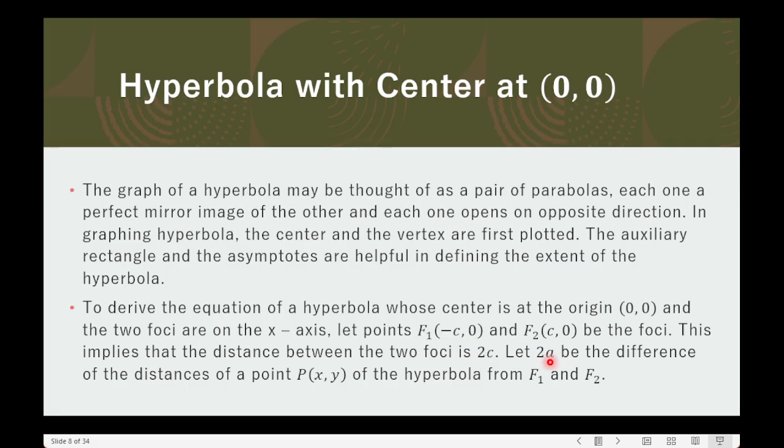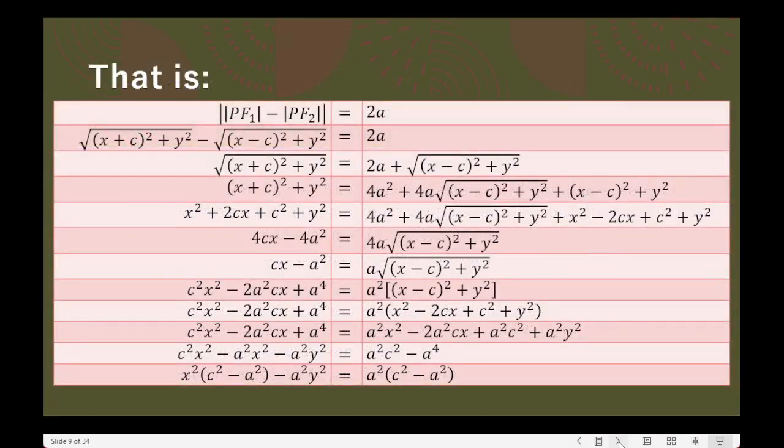Now let 2a be the difference of the distances of a point P(x, y) of the hyperbola from F sub 1 and F sub 2. As you can see from this next slide, this is how the equation of the hyperbola is derived.